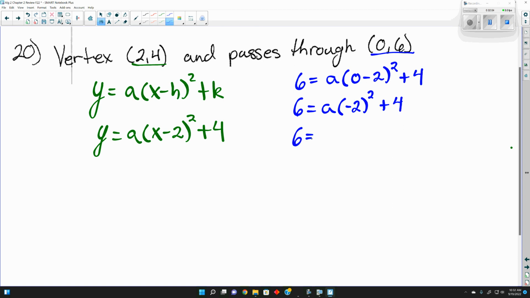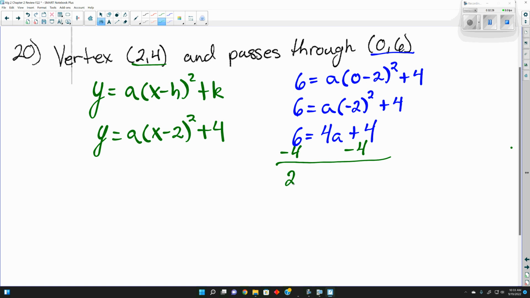Negative 2 squared, negative 2 times negative 2 is a positive 4a plus 4. Do not combine 4a and 4. They're not the same. We can't just add those together. So what we have to do is subtract 4 from both sides. Because we need to solve for a, we need to get it by itself.